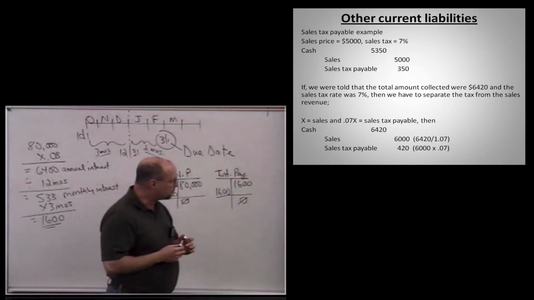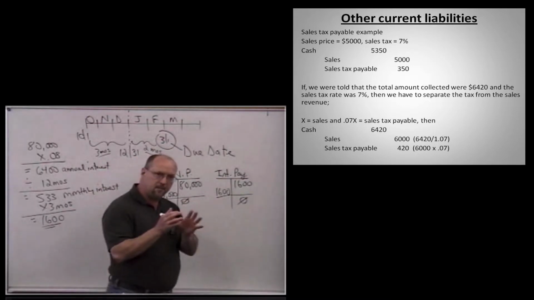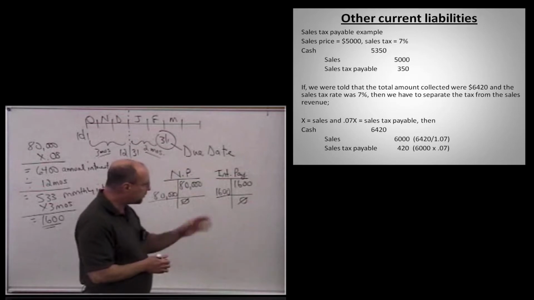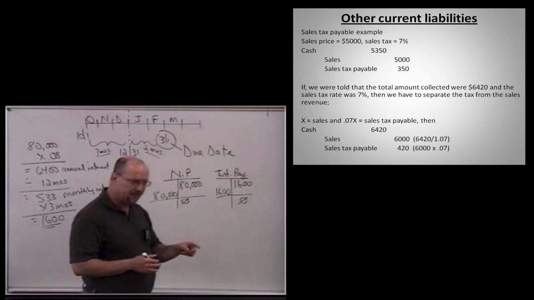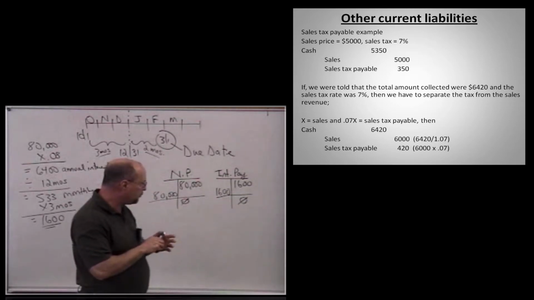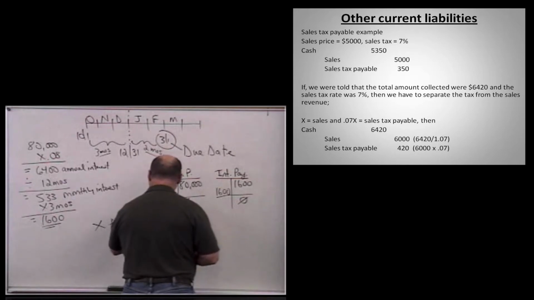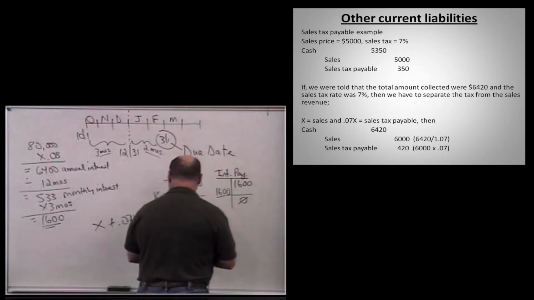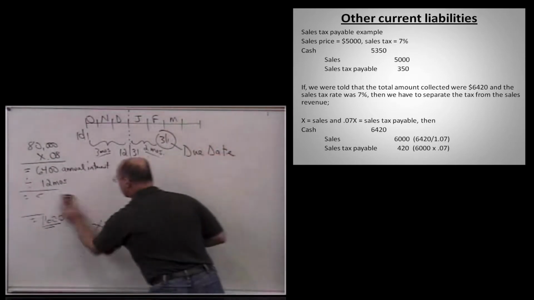Assuming the sales tax rate was 7% and we have to separate the sales from the sales tax, then I'm going to call sales X. I'm bringing back bad memories of algebra, I know that, but we're going to call sales X, and we know that sales tax is 7% of X, which is 0.07X, and we're going to add those two together, and so what we'll have is X plus 0.07X equals 6,420. I'm going to erase the board here, give you some visual space here.